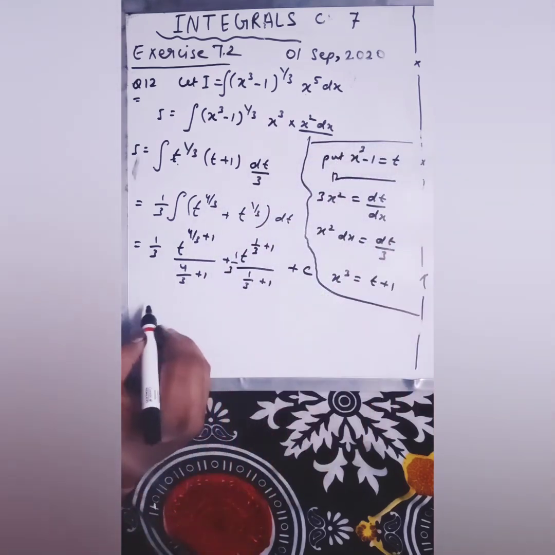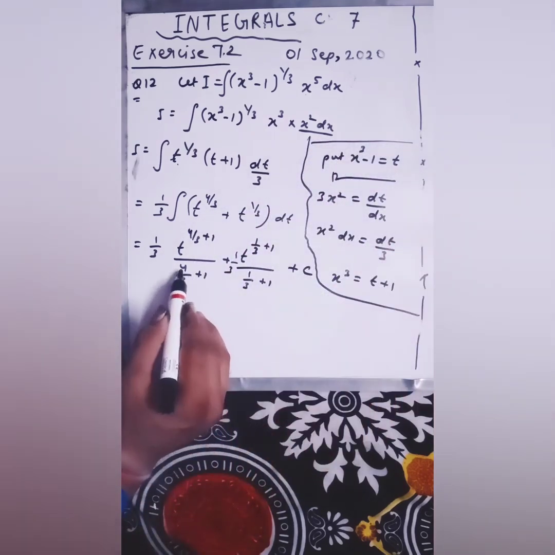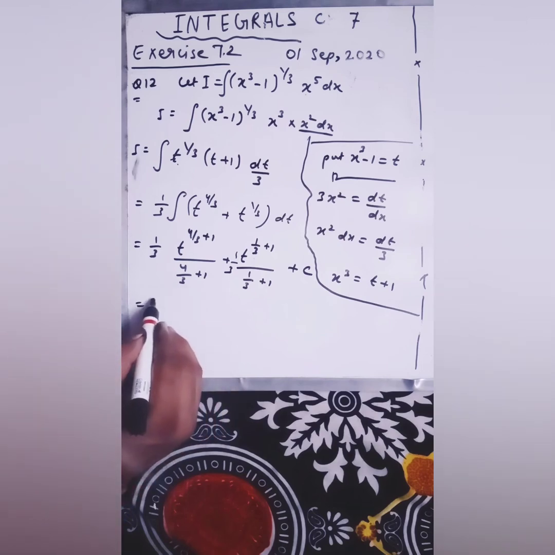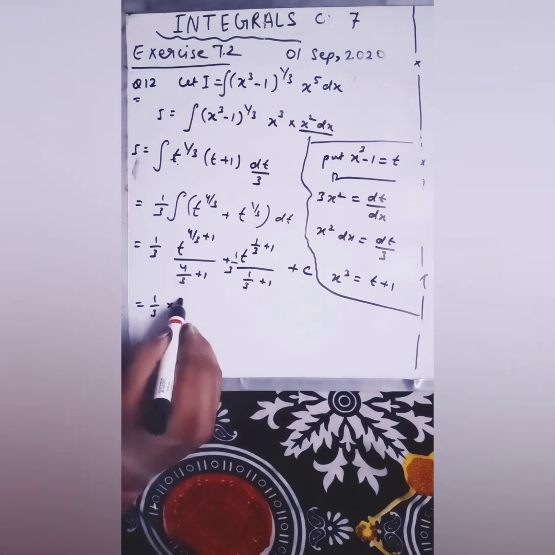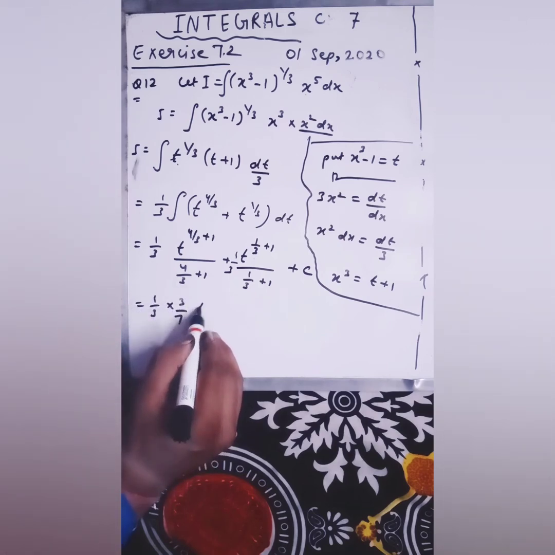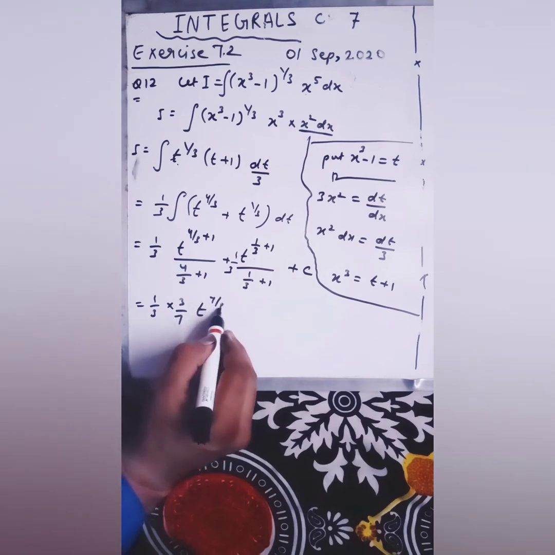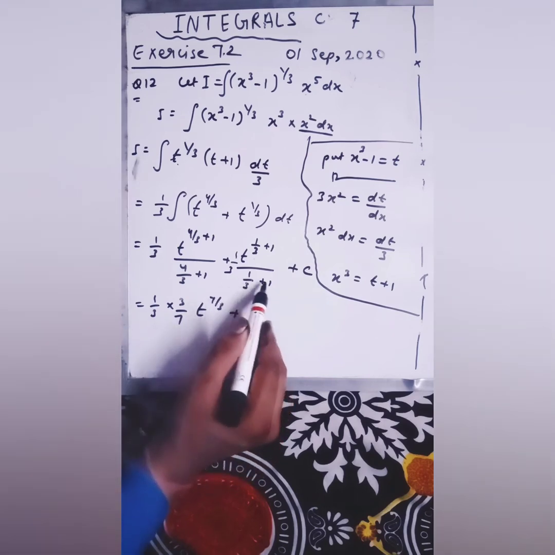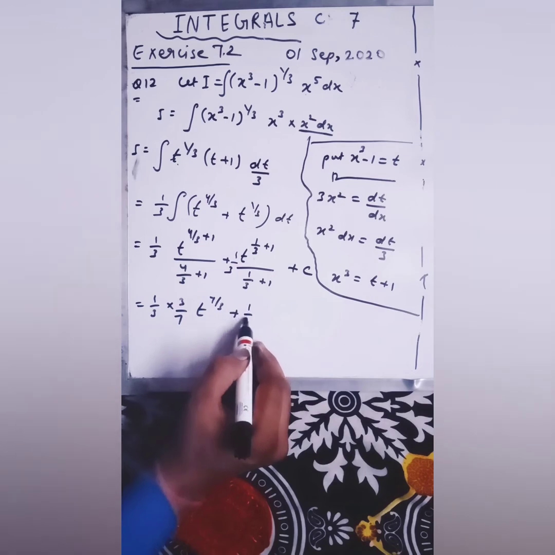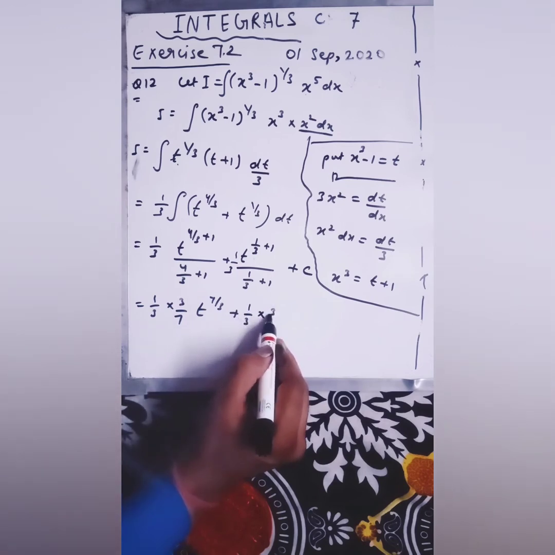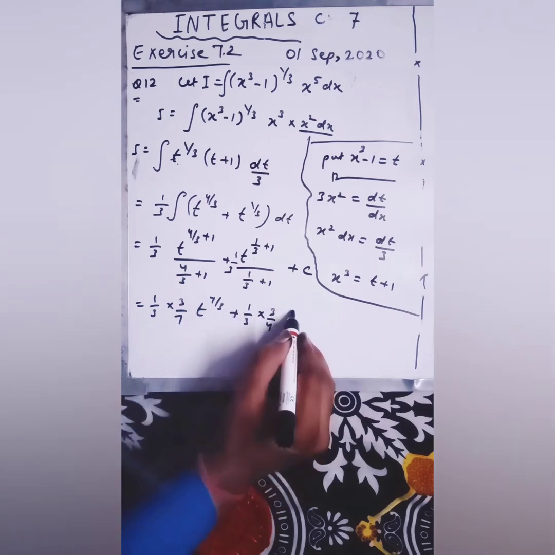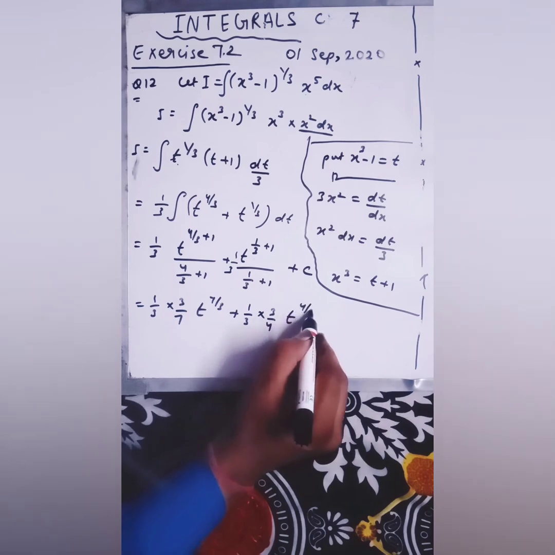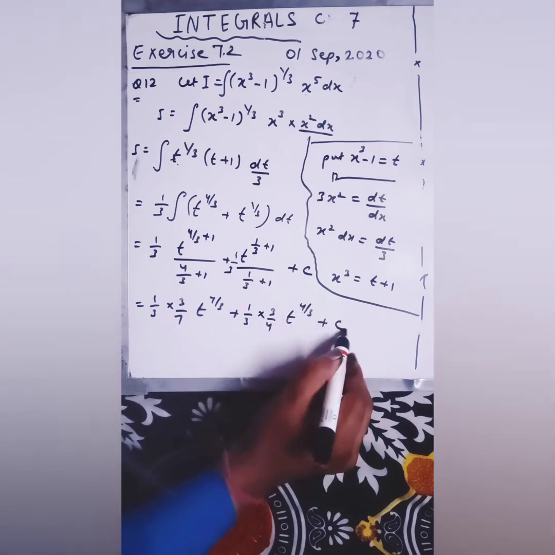Now when you add these two, you will get 7 by 3. So 1 by 3 into 3 by 7, and this will be t raised to power 7 by 3, plus this would be 4 by 3, so 1 by 3 into 3 by 4 and t raised to power 4 by 3, plus c.